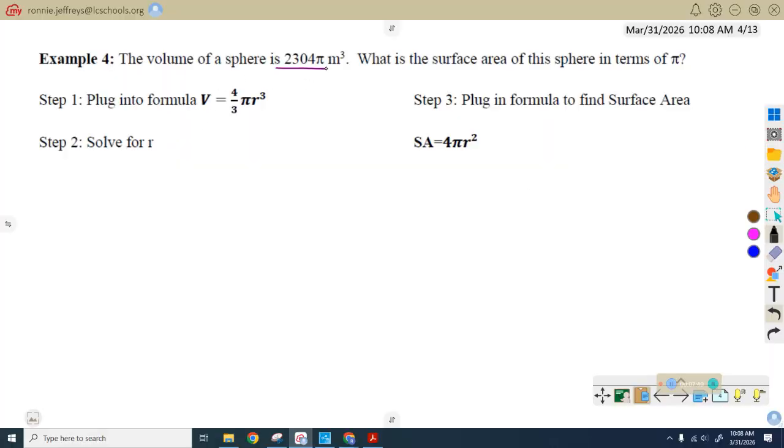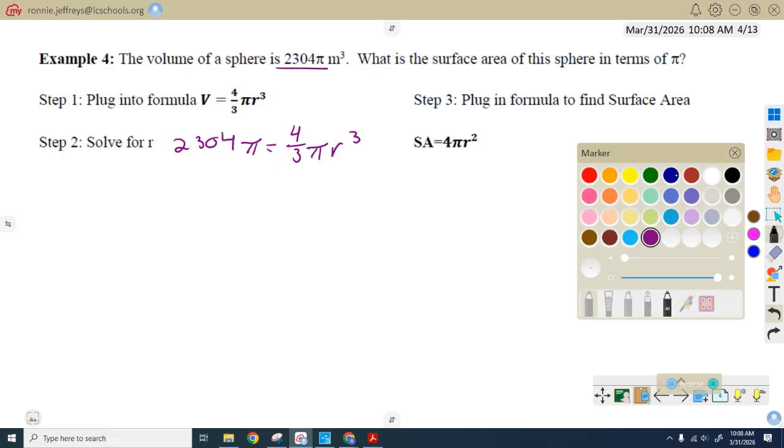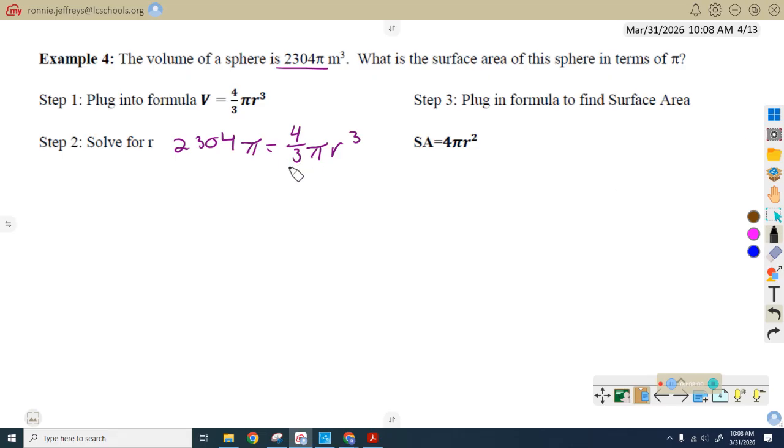All right. So given volume. Now, it's kind of the same process. You could actually speed this up, but I don't want to, no child left behind. We want to divide the pi out first to kind of, quote unquote, baby step it.